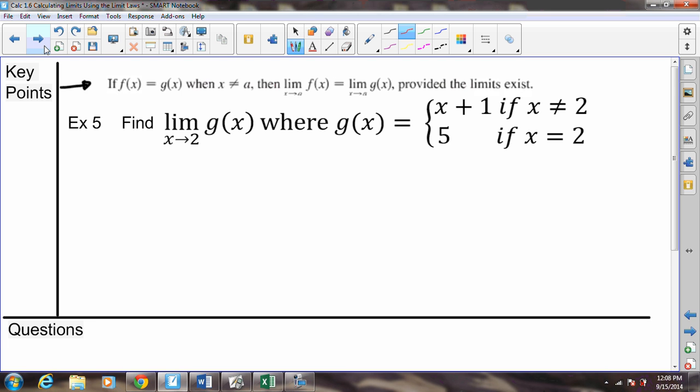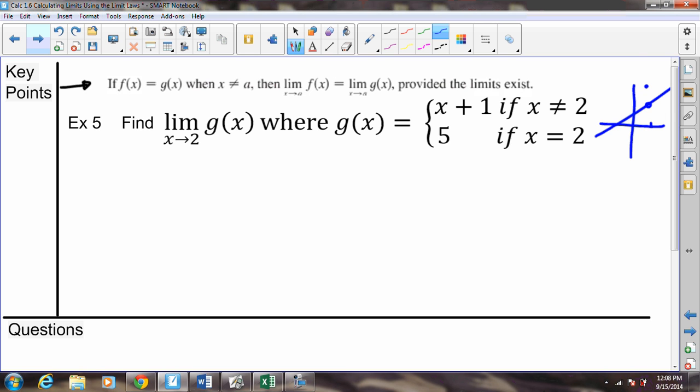What do you notice about it? This function g of x is equal to x plus 1 everywhere except when x is equal to 2. In which case, we have this function x plus 1, like this, but at an x value of 2, there's a hole right there, and instead you're going to jump upward to 5.